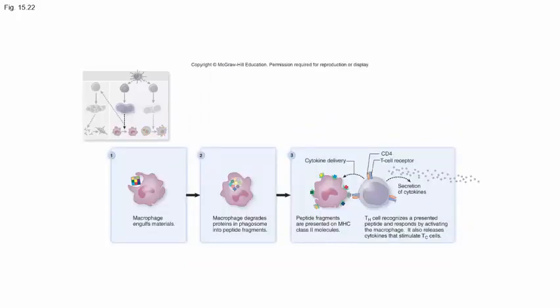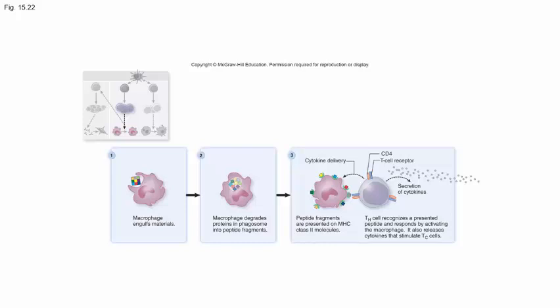Now, the role of T helpers in macrophage activation. Okay? I want to make sure that we get this down. Macrophages are going to engulf and degrade invading microbes. Okay, this is phagocytosis in the phagosome.